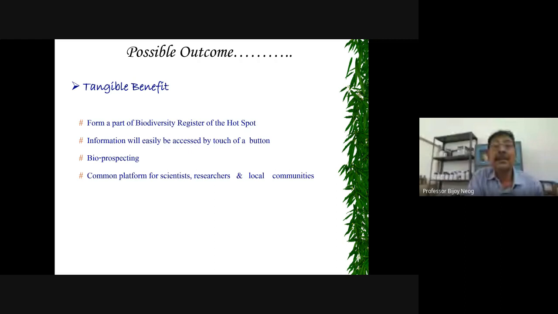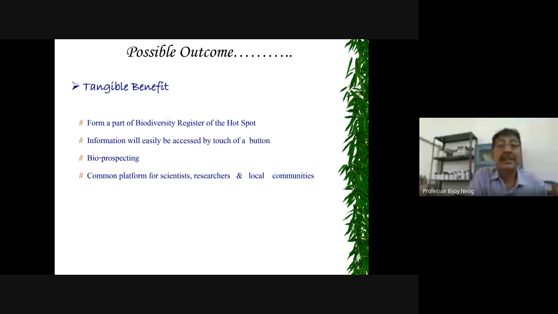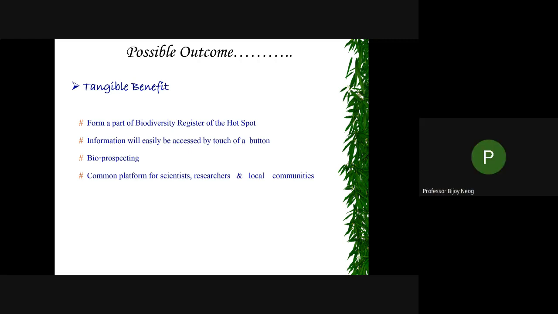If you see the intangible benefits, it can be sustainable utilization and safeguarding the genetic diversity.